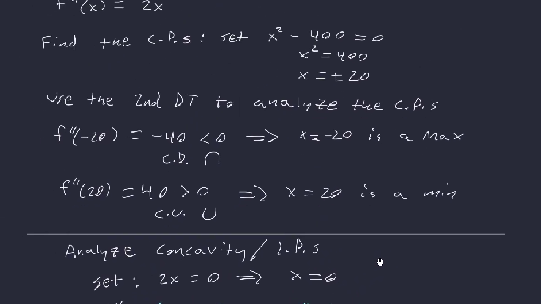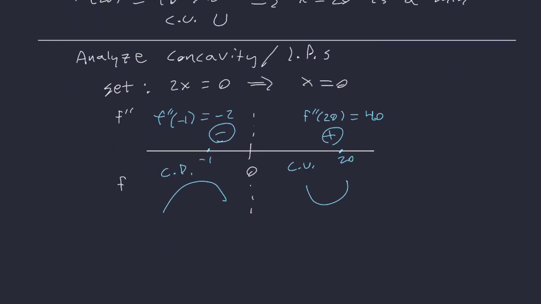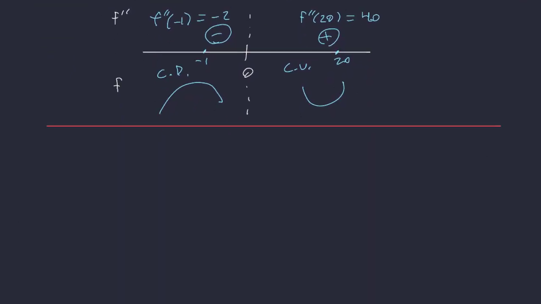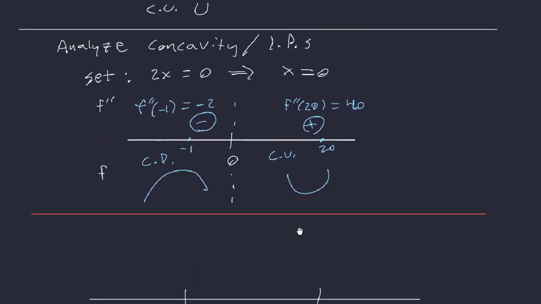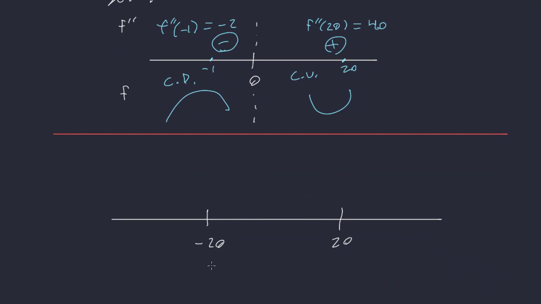Another nice thing about it is it also gives us our intervals of increase and decrease, because if I make another number line and I put negative 20 here and put positive 20 here, so we established that negative 20 is a max and 20 is a min. So we've established that this is a max, this is a min.